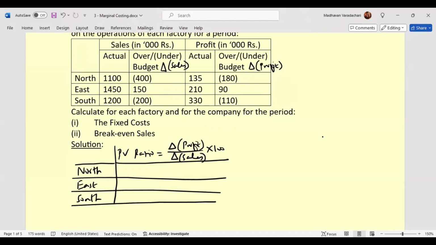So first for north, it will be change in profit, which is 180, divided by 400 multiplied by 100. We will get 45%. Similarly, this one is 90 divided by 150 multiplied by 100. That will give us 60%. Third one, 110 divided by 200 multiplied by 100. That will give us 55%.